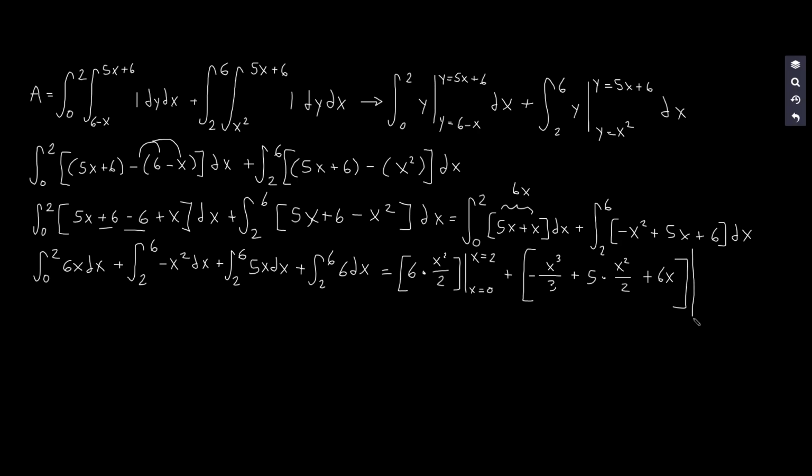The whole thing is going to be from x equals 2 to x equals 6. Fundamental theorem of calculus: this is going to become 3x squared evaluated from 0 to 2.